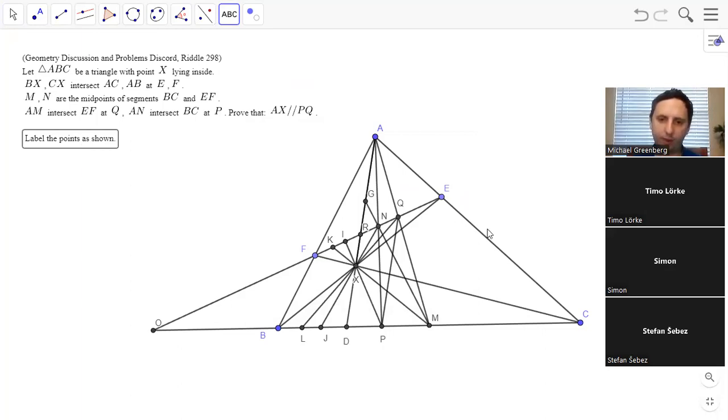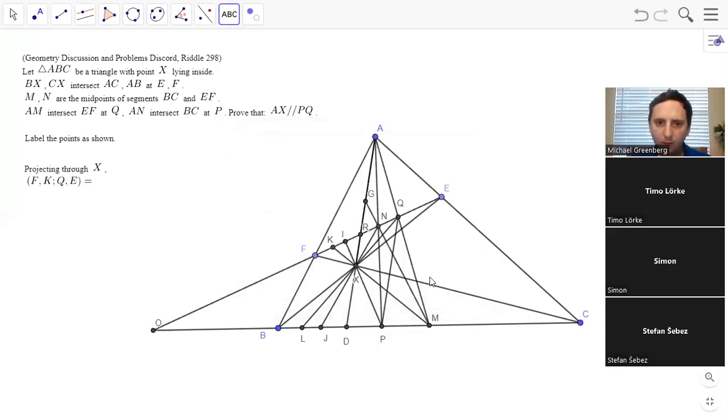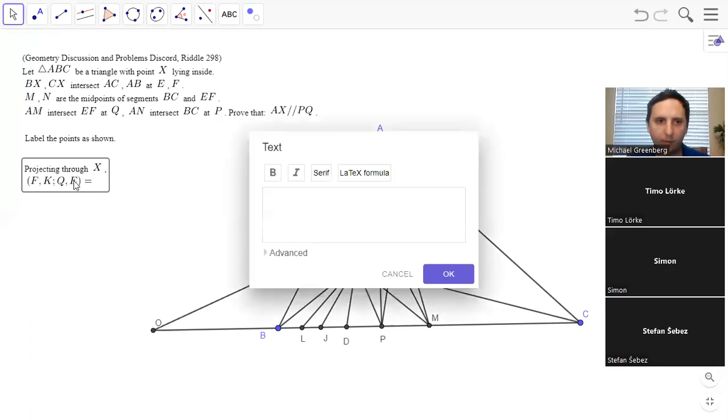So projecting through X, we have FKQE is FLMC. FKQE is going to be CMLB.